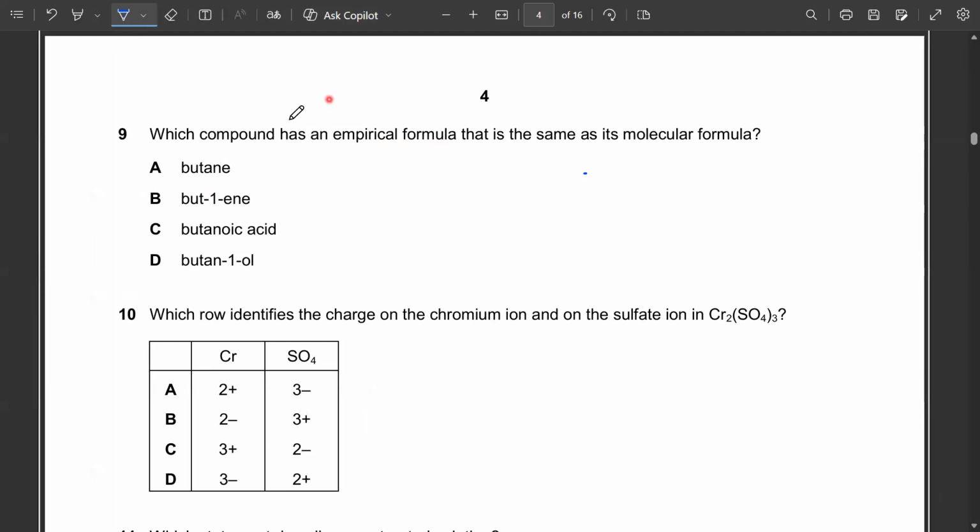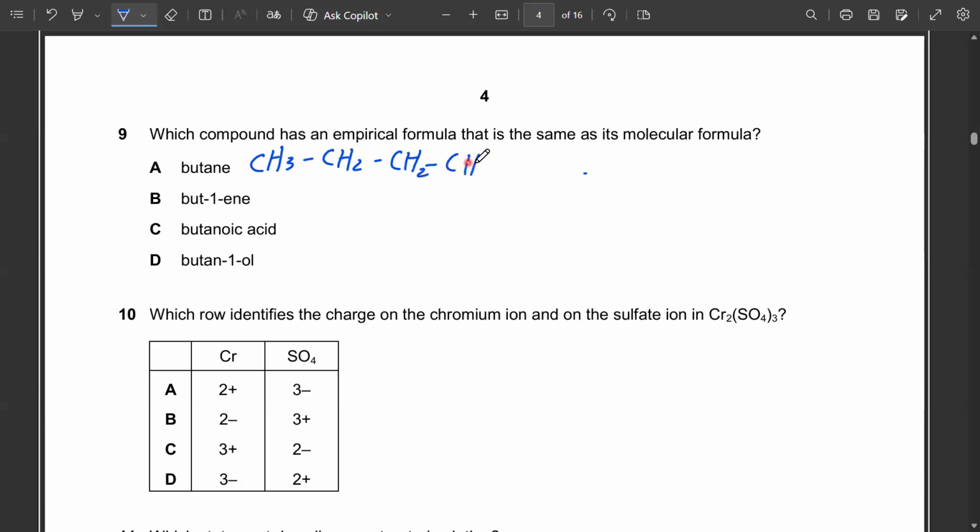So about the butane, you are familiar that we represent butane as CH3 single bond CH2 and then CH2 and then CH3.